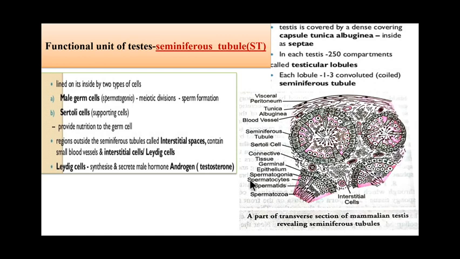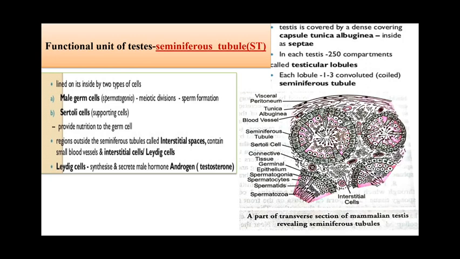They undergo division to form 4 to 8 layers of spermatogenic cells, and then these spermatogenic cells divide meiotically to form spermatids, which mature into spermatozoa. Then the supporting cells give nourishment and help in the differentiation of the cells undergoing spermatogenesis.